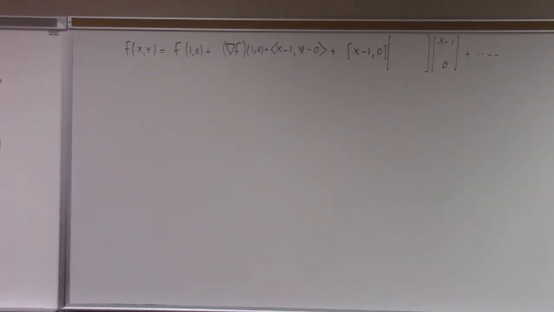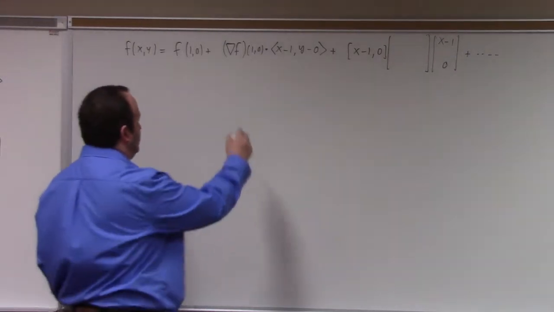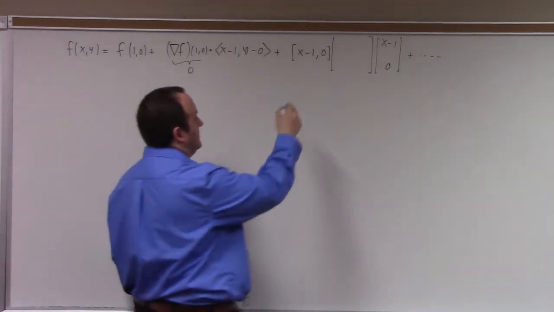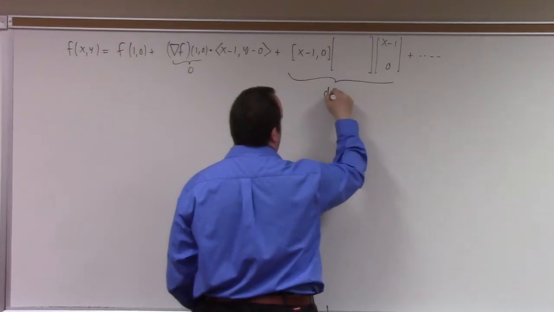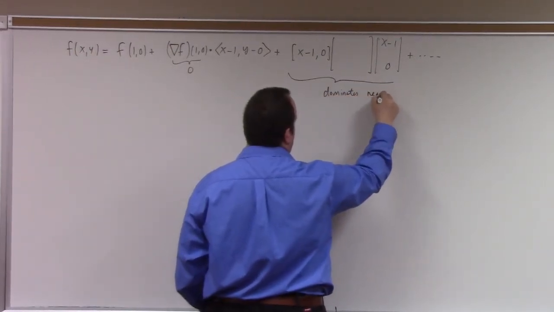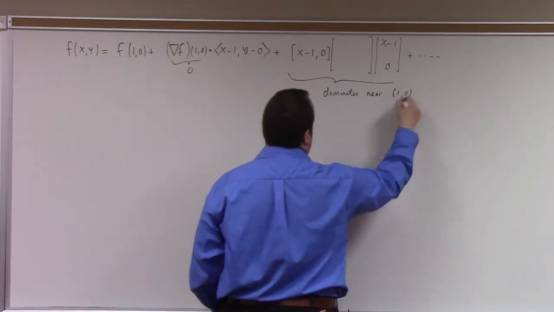This is the multivariate Taylor's theorem. But the thing is, for a critical point, of course, this is 0, right? So since that's 0, this is the dominant term near (1, 0), right?